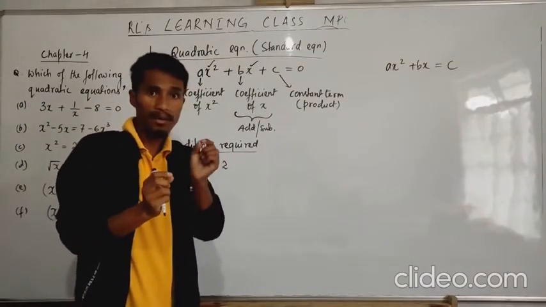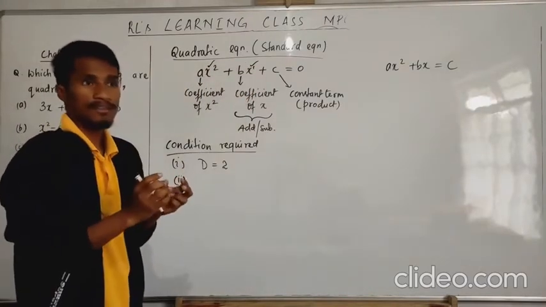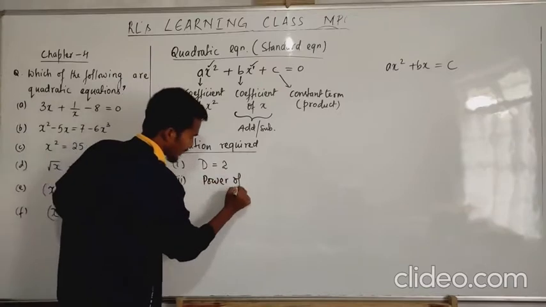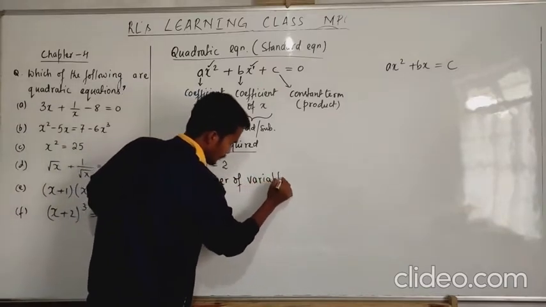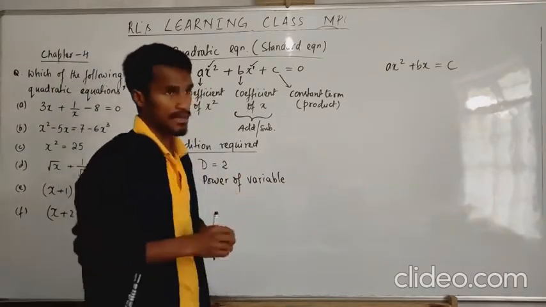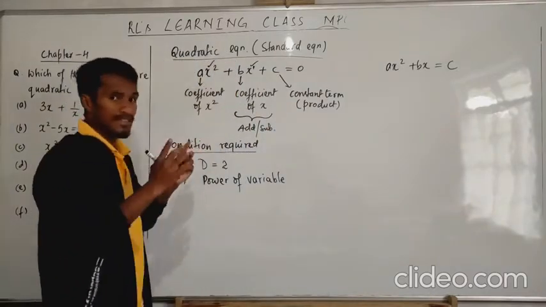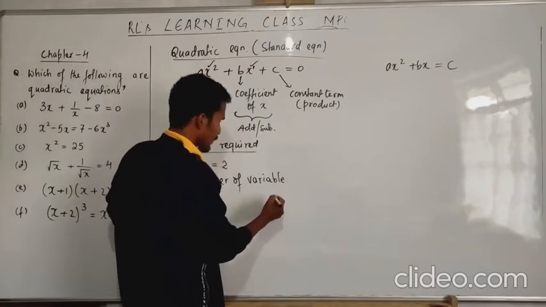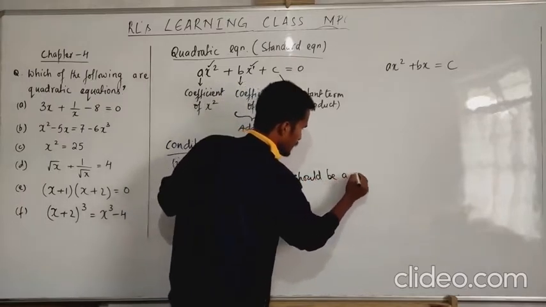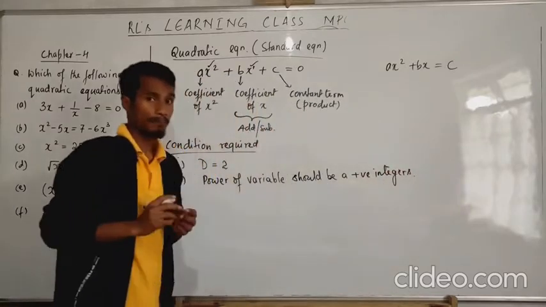Remember, the power of the variable, here power 2 and here power 1, should always be a positive integer. This x is called the variable. Maybe they put y or z or whatever in place of this x, but the power of the variable should be a positive integer.